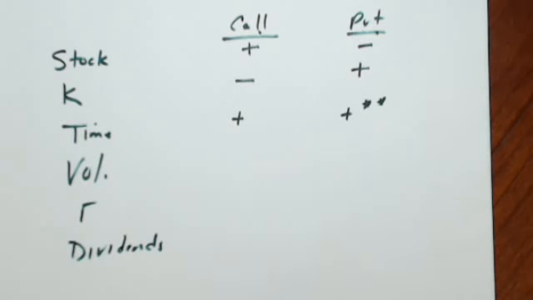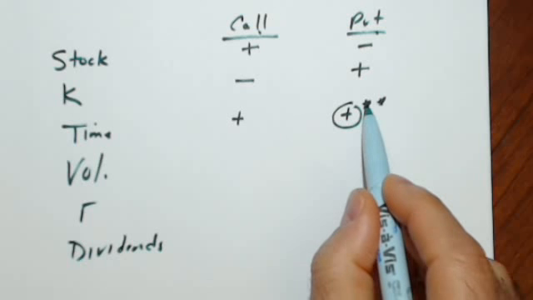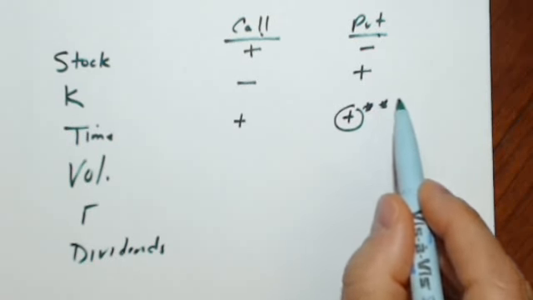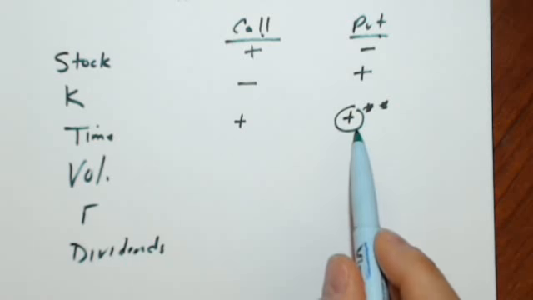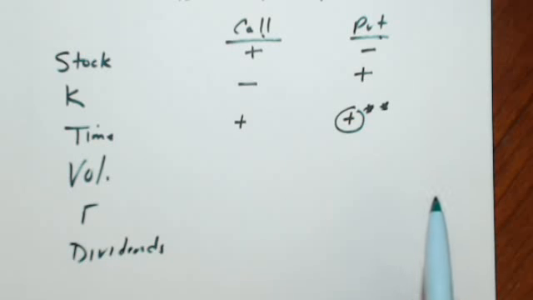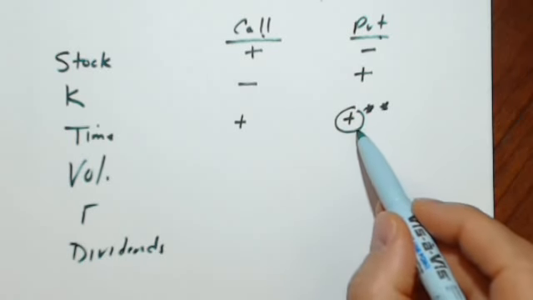And let me explain here. The plus sign here always holds for an American put. Okay, it always holds. The little asterisk applies to European puts. And with a European put, things are a little more complicated, and it has to do with having to trade off the time value versus the insurance value as to which one's more valuable. So remember what a put is.